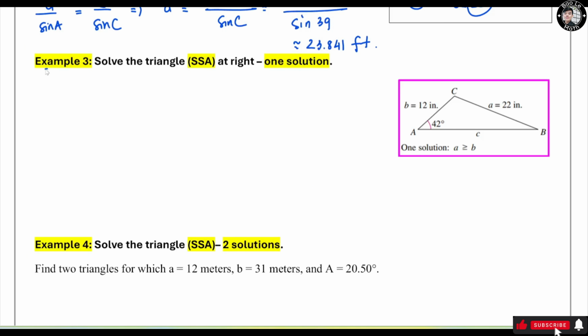Now let's move on to example number 3. We need to solve the triangle at the right. Alright, so we're going to use the law of sine because we have two side lengths and one angle. It's going to be SSA right here.